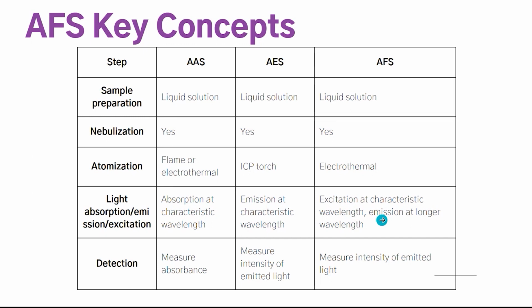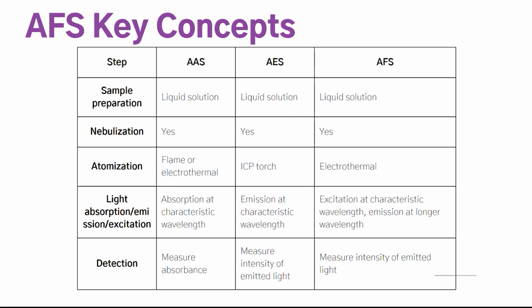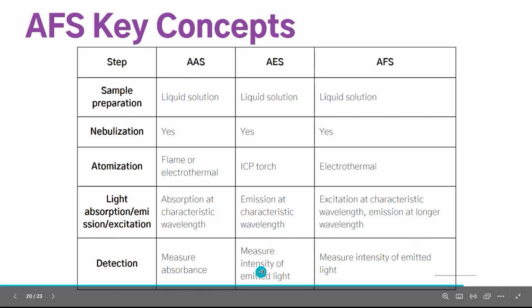But in AFS, the atom is excited at a certain characteristic wavelength. However, it is emitted at a longer wavelength. And finally, the detection for AAS measures absorbance. AES measures the intensity of emitted light, while in AFS, it measures the intensity of, well, it's the same as in AES.